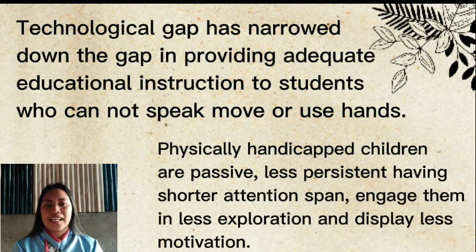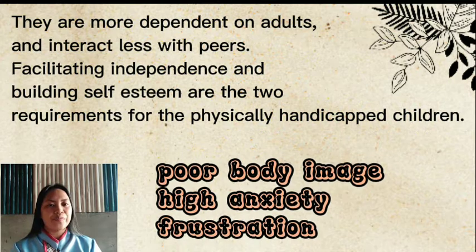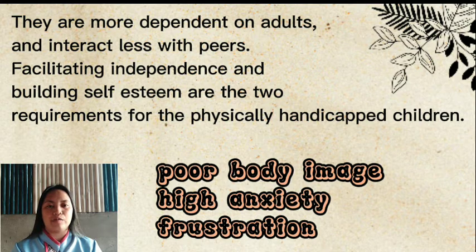Physically handicapped children are passive, less persistent, have a shorter attention span, engage in less exploration, and display less motivation. They are more dependent on adults and interact less with peers. Facilitating independence and building self-esteem are two requirements for physically handicapped children.